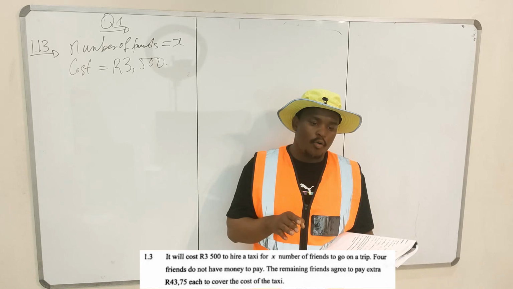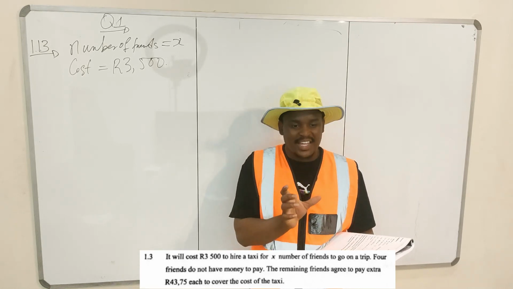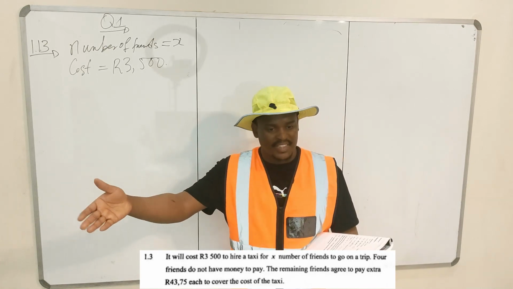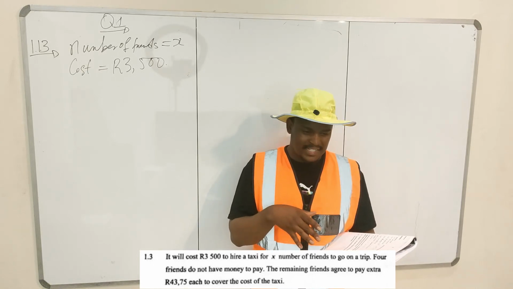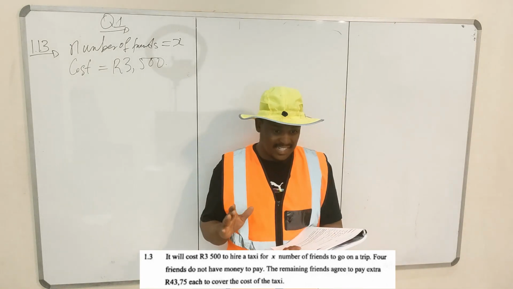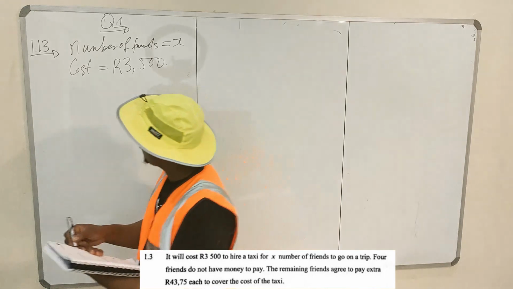But if 4 cannot pay, the remaining 6 will have to pay extra so that the 3,500 is all complete. Do you understand? Okay, so now I think we all understand the statement. So let's go to the question, 1.3.1.